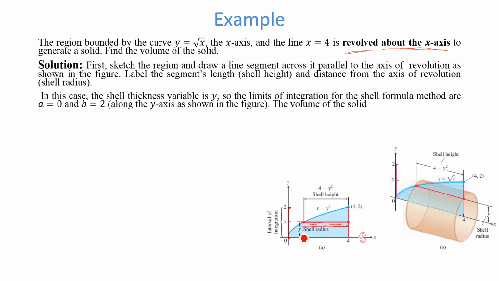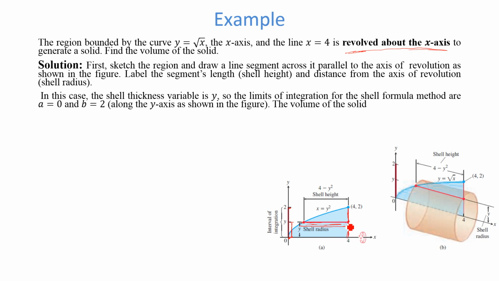Radius this time will be the length of the interval along the y-axis, right? So this is the radius, and this is the shell height. Since this is the graph of y is equal to square root of x, x is equal to y square, right? x is equal to y square. And this is bounded by this line.